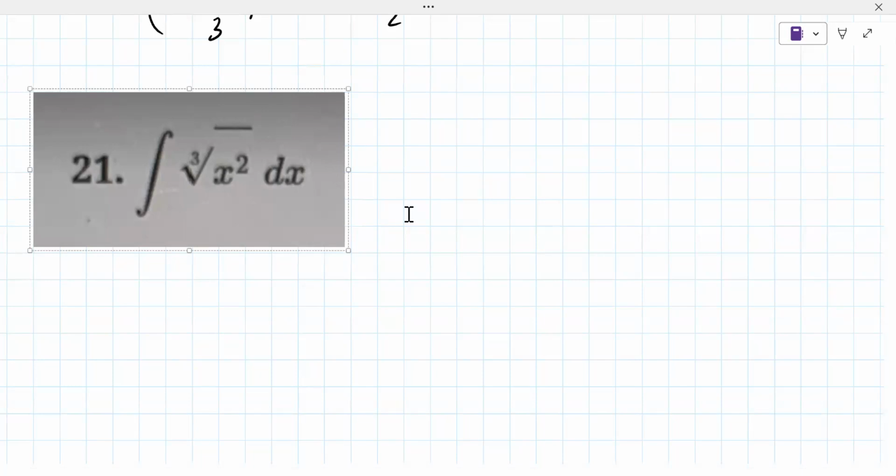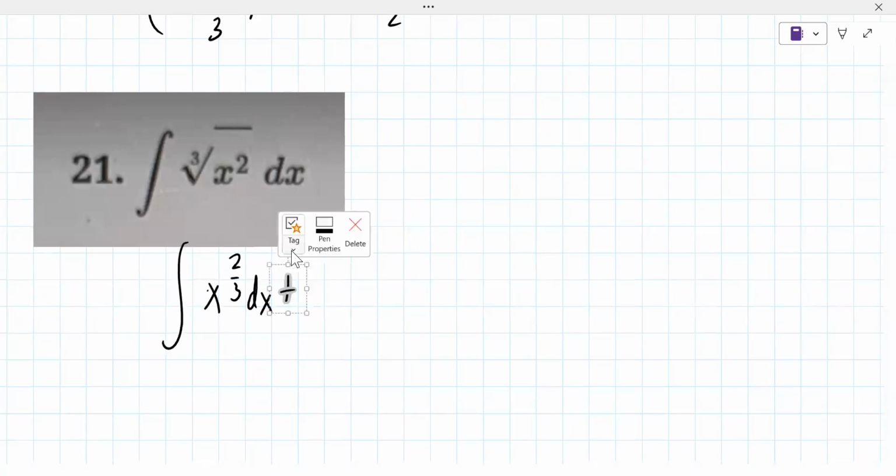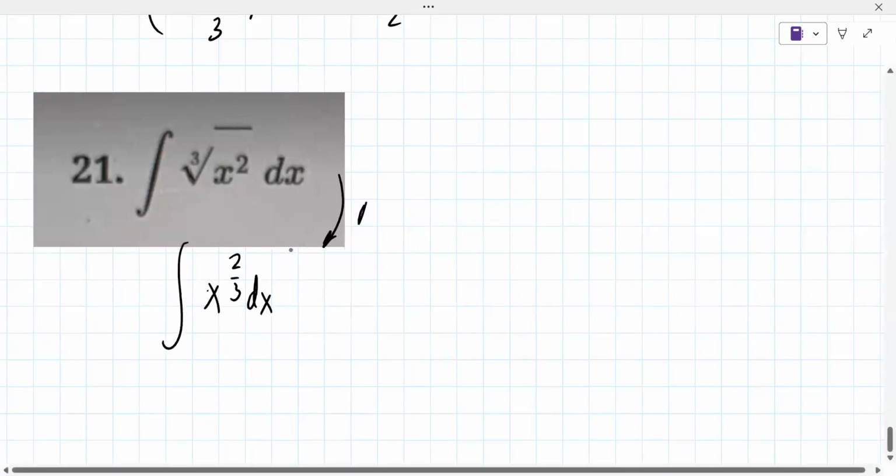Is it not just x to the 2/3 plus c? Well, no, that's the rewrite. You still have to integrate. Like you rewrite it and then you integrate. Oh, okay.